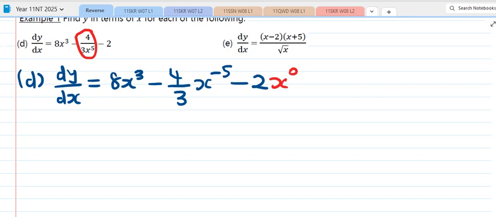Right? So here, when you try to integrate this, 8x to the power of 3 plus 1 is a 4 divided by 4, and then minus 4 over 3.